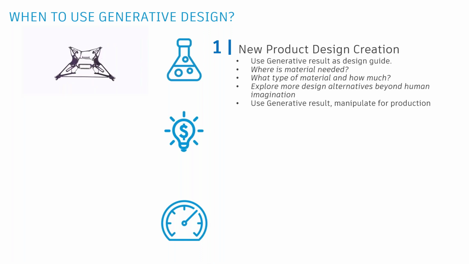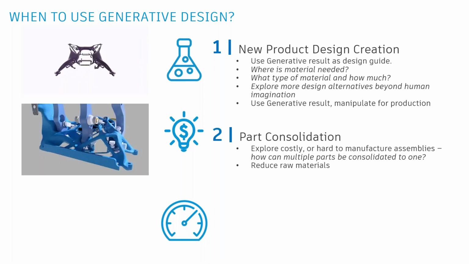From the outcome of that, you could see how those different materials behave. You could see how much material it's going to utilize. But you can explore more design alternatives, right? Because generative design is going to give you many outcomes. And then based on what you see from that, you can create your final design for production. So it can help in the ideation phase for sure.